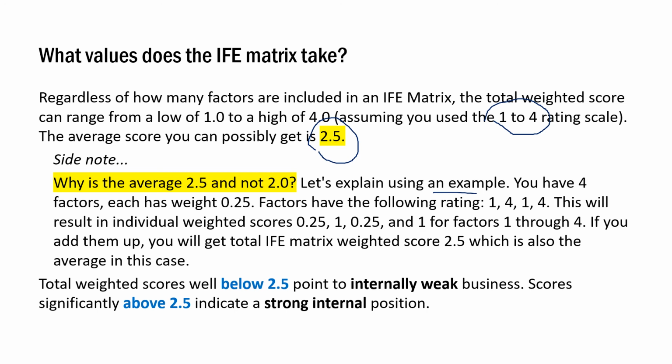And the factors have the following ratings: 1, 4, 1, and 4. This will result in individual weighted scores of 0.25, 1, 0.25, and 1 for factors 1 through 4. If you add them up, you will get a total IFE matrix weighted score of 2.5, which is also the average in this case. So this is the interpretation for the total weighted scores.